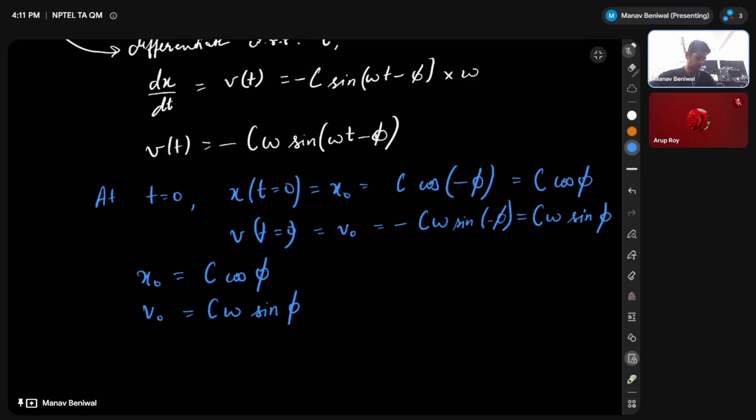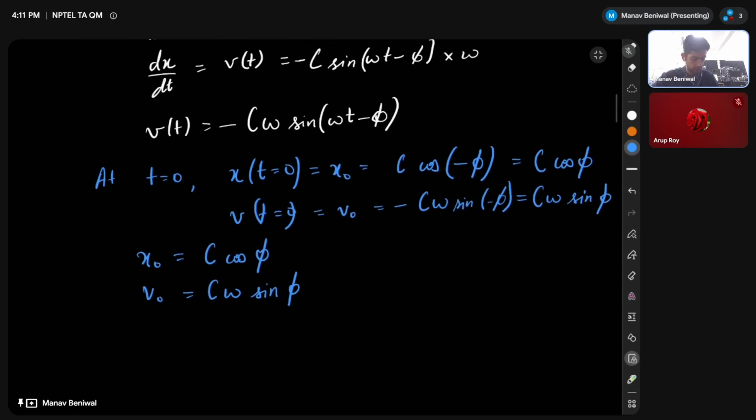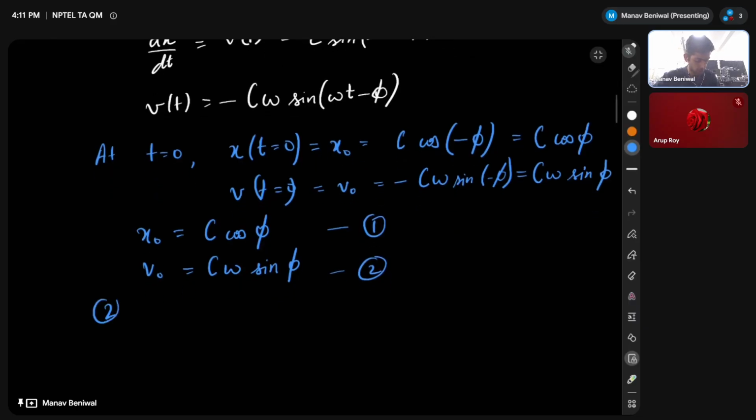First, let's say this is equation 1, this is equation 2. If we do 2 over 1, that gives us v naught over x naught equals omega tan phi, and this implies tan phi is nothing but v naught over omega x naught.